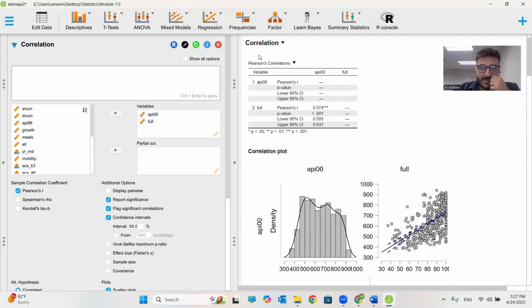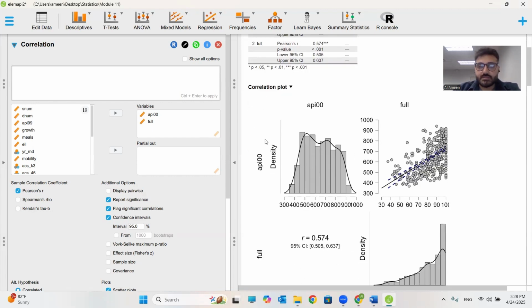And the first thing that we can see that pops up is the p-value, which is pretty low, so we can reject the null hypothesis. And the second thing we can see from here is the Pearson's R value, which is the correlation coefficient, which is 0.57, which is pretty significant, telling us that there is a high correlation between those two variables.